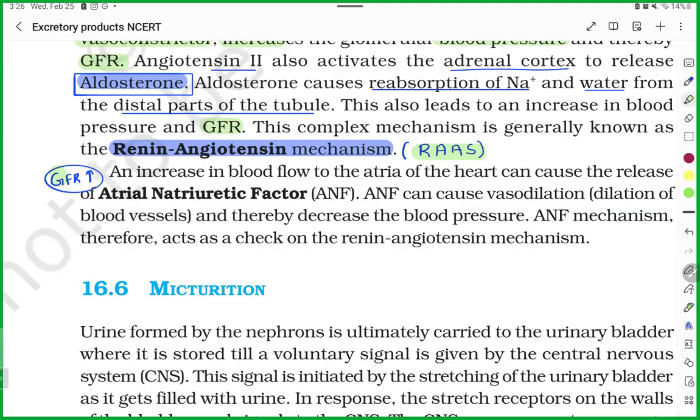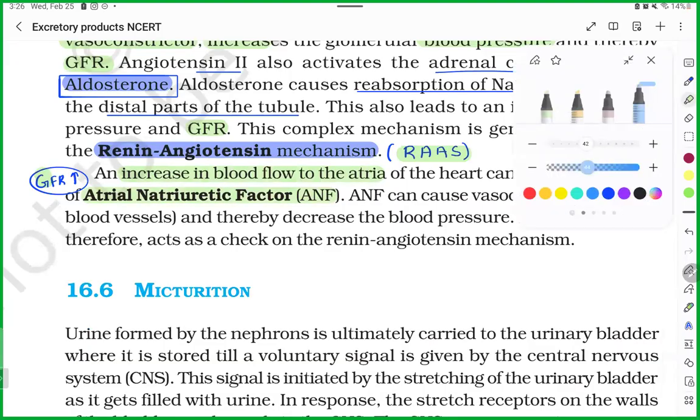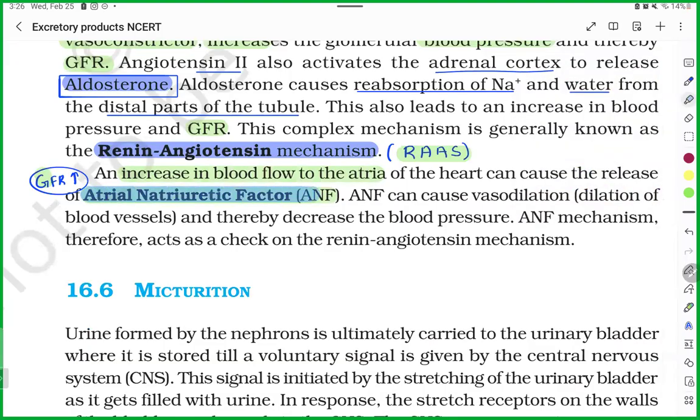If there is more blood flow to the atria, GFR is already very high, then one factor will be produced, ANF, atrial natriuretic factor. This will cause vasodilation, blood vessel size will increase, and GFR will decrease. And that's why it acts exactly opposite to the RAS. RAS increases GFR, ANF decreases GFR.